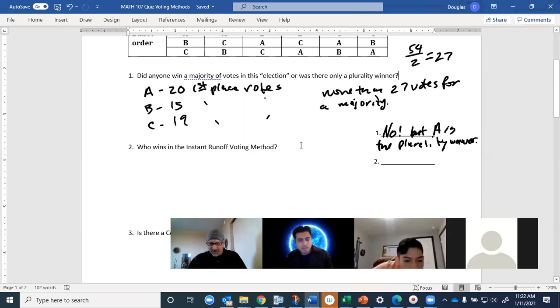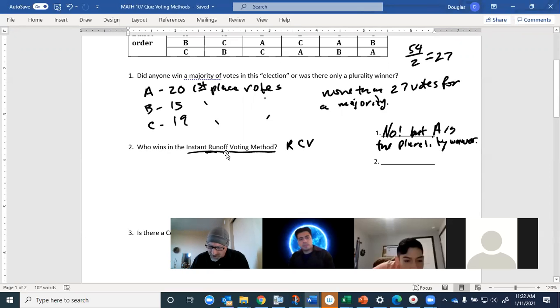Now, this method is what I want to introduce to you. This is what's being used. It's called instant runoff or instant runoff voting method, also known as RCV. And I'll talk about that later.